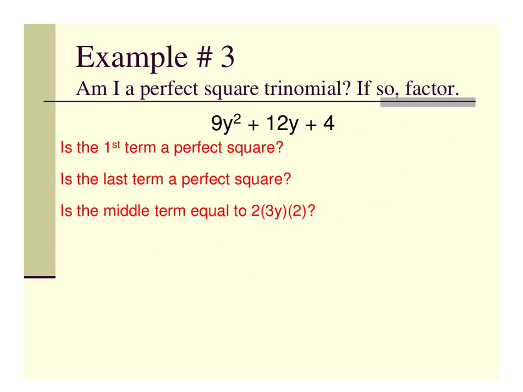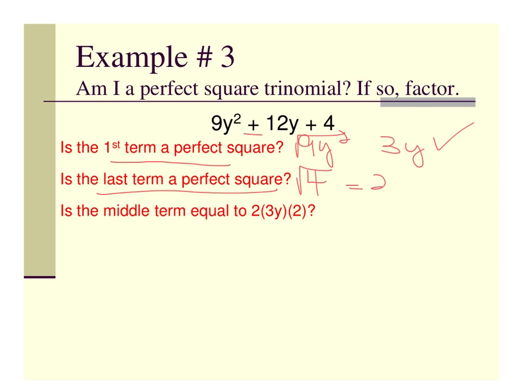Alright, now let's look at this example. It's very similar to the other one, just a minor difference. There's a plus in the middle. But the same three questions. Is the first term a perfect square? 9y squared is a perfect square because its square root is 3y. Is the last term a perfect square? The last term is 4. The square root of 4 is 2. So yes, it's a perfect square.